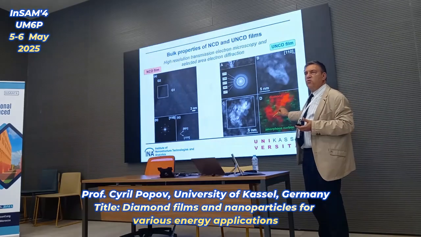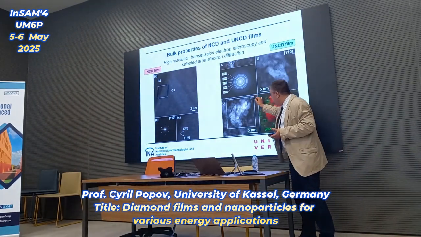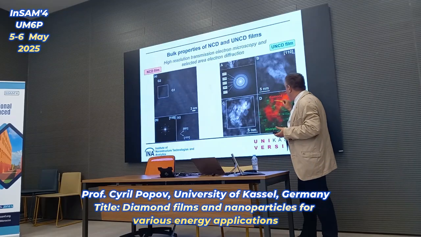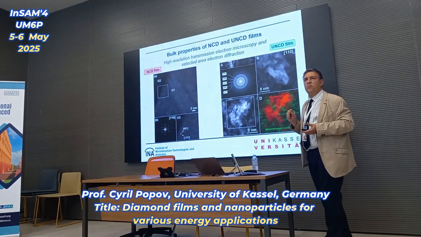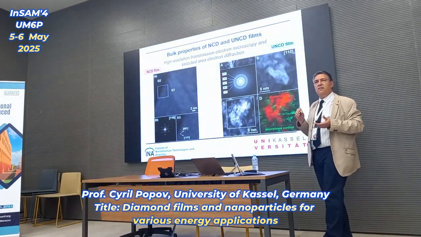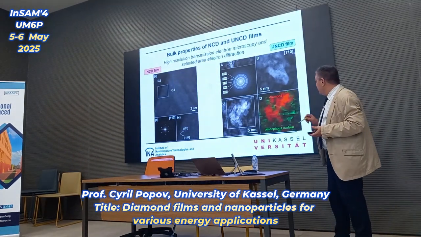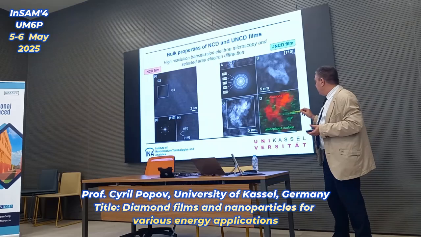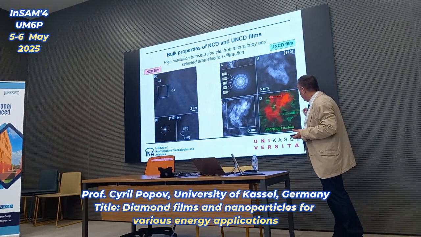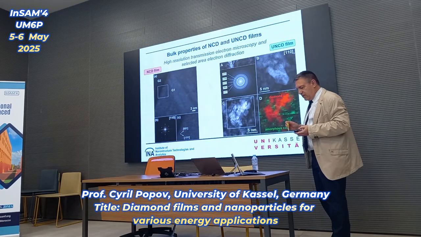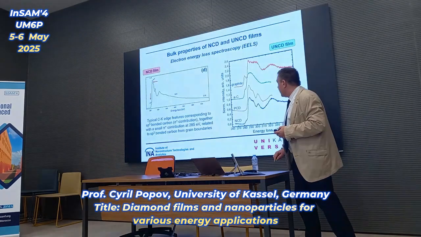And this is electron energy loss spectroscopy mapping of one diamond grain. And for each pixel, the spectrum was compared to spectrum of diamond or graphite. And the software decides which phase do we have. And you see very well, this is the grain of diamond surrounded by amorphous carbon.